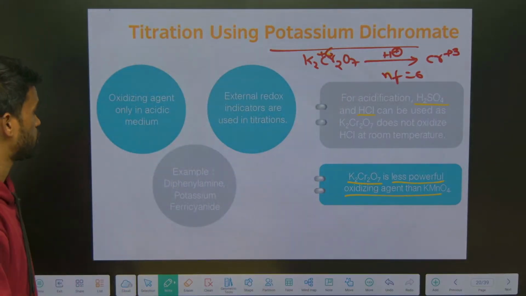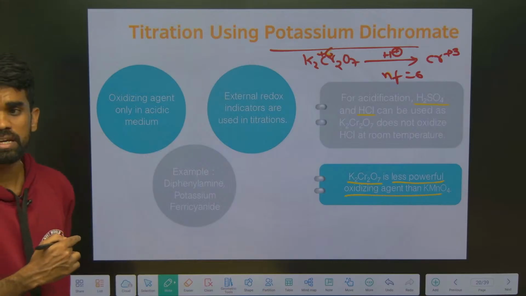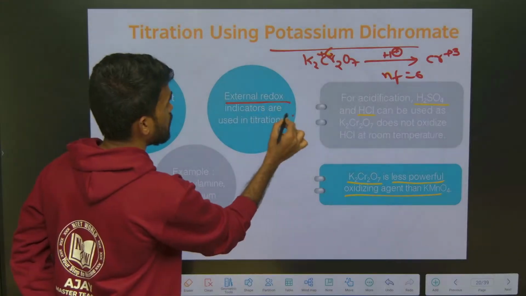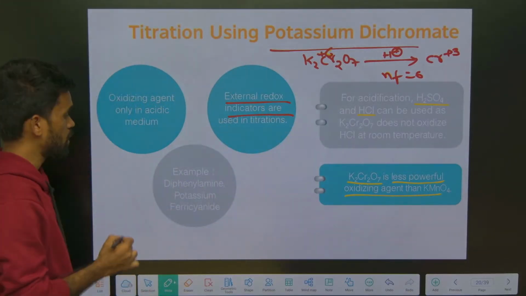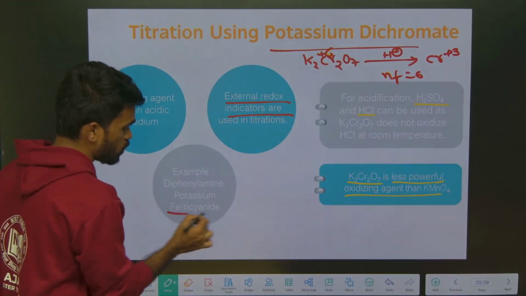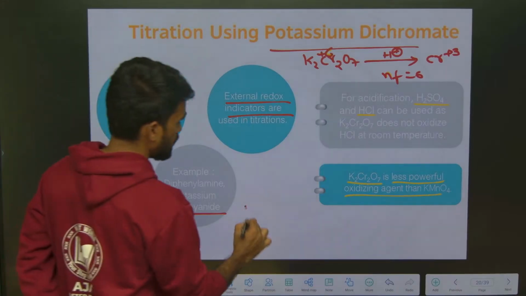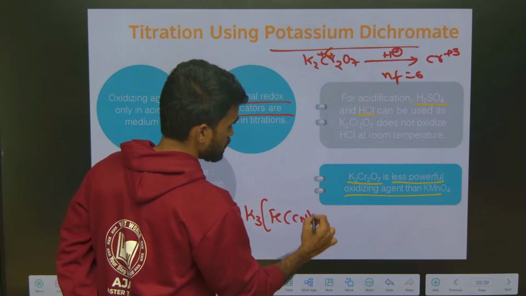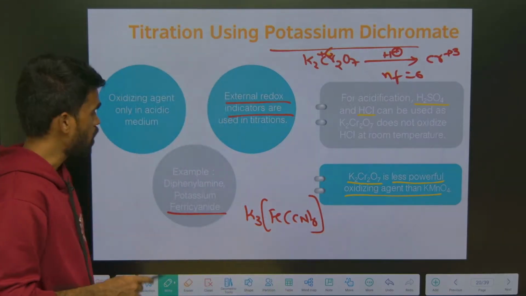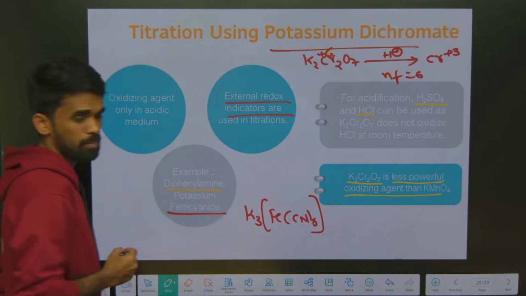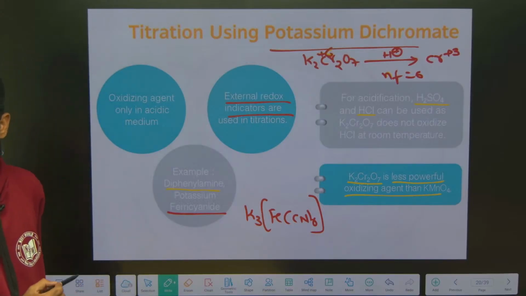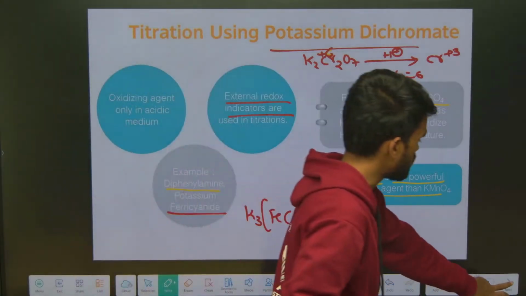Remember that statement. And here we will be using an indicator. So what is the indicator? See, external indicators are used in this titration. So here we will be using potassium ferricyanide, K3Fe(CN)6. This is the external indicator we will be using, or we can also use diphenylamine, which is an internal indicator. These are the two indicators we can prefer in potassium dichromate titrations.